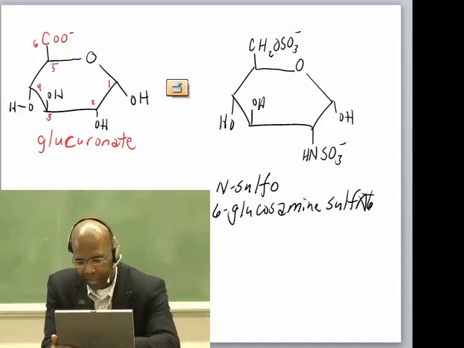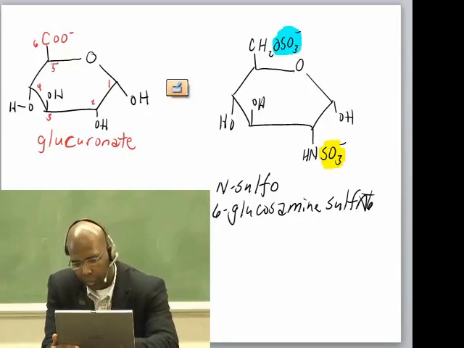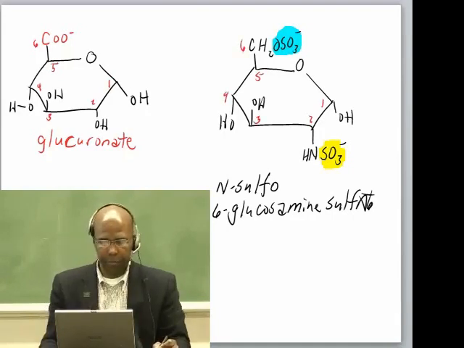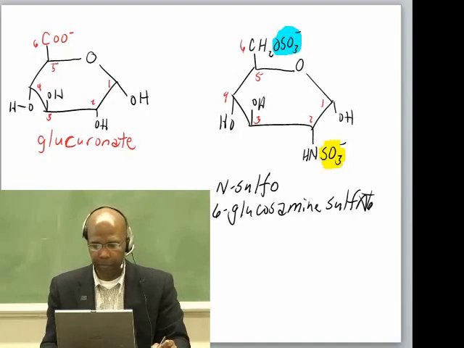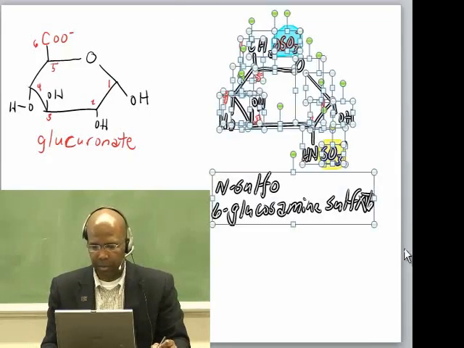Okay, I'm going to highlight the sulfo group, the SO3, instead of SO4. That's the sulfo group in yellow, and in blue here, this is the sulfate. So if we number these 1, 2, 3, 4, 5, and 6, the one on top is the sulfate.